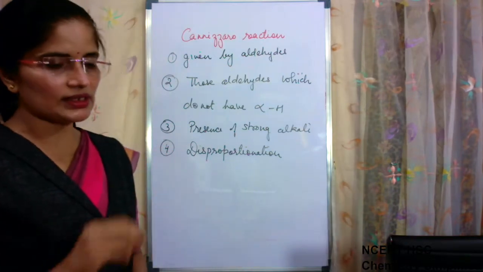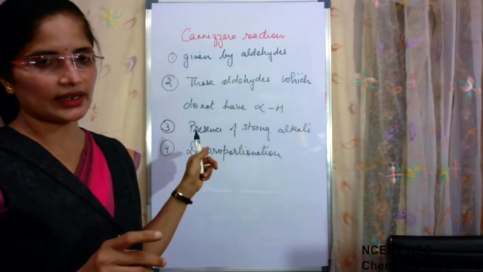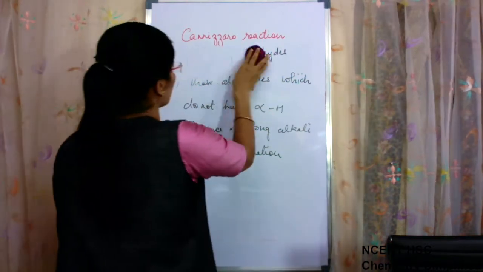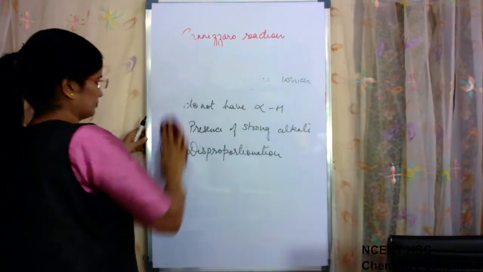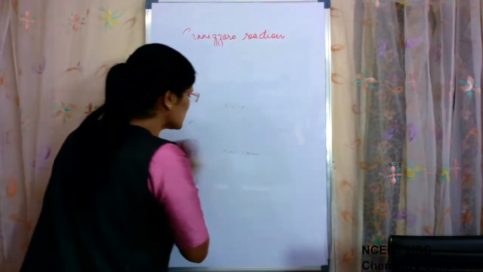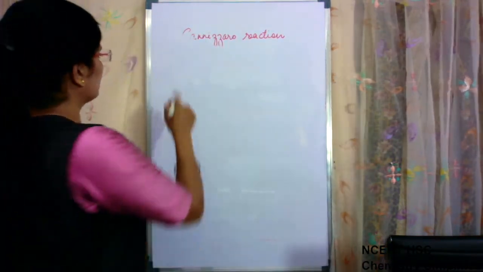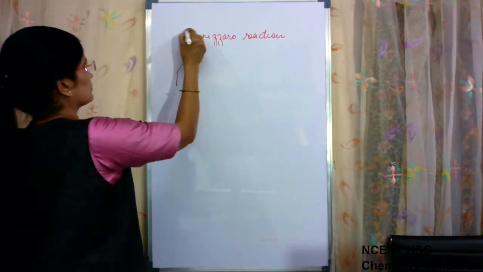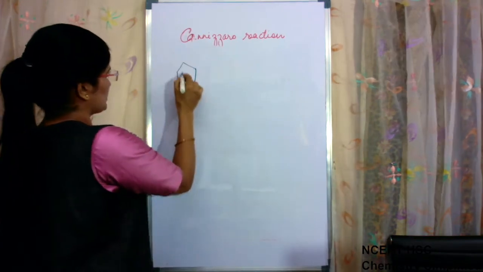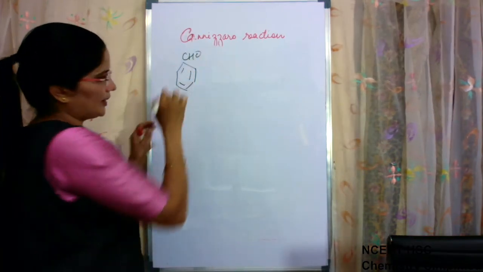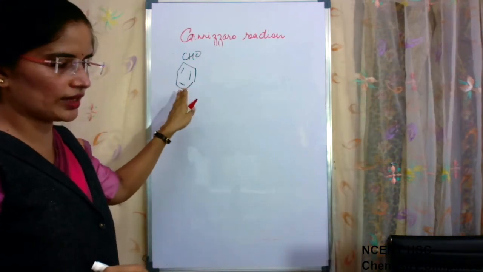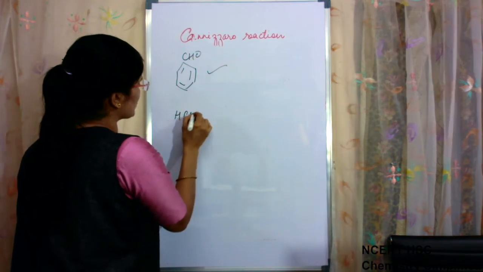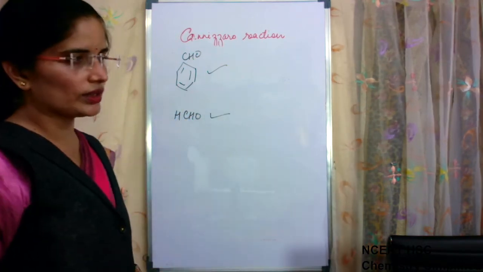So that means the number of molecules giving this reaction is limited, because the condition is that alpha hydrogen should not be there. That means one aldehyde is benzaldehyde, which does not have alpha hydrogen, and it can give this reaction, and another molecule is HCHO, formaldehyde, which does not have alpha hydrogen.